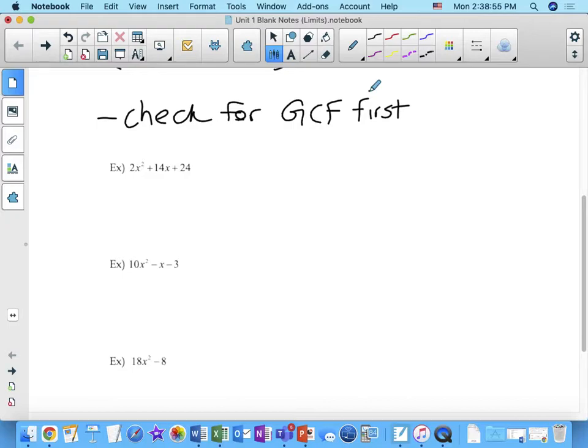Something like this one. Is there a GCF there? Yep, GCF of 2, so we can take that out. We're left with x squared plus 7x plus 12.